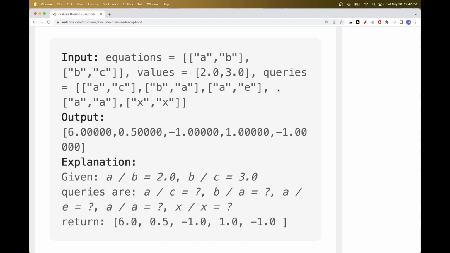Now the other query we have is A divided by E, but we don't have E in our equations here, so we return -1 because there is no answer. The other thing to note here is that we also have A divided by A, the same variables. In that case, we want to return 1. But if it doesn't exist even in the equations we have, like X here, we want to return -1. Okay, so pretty simple here.